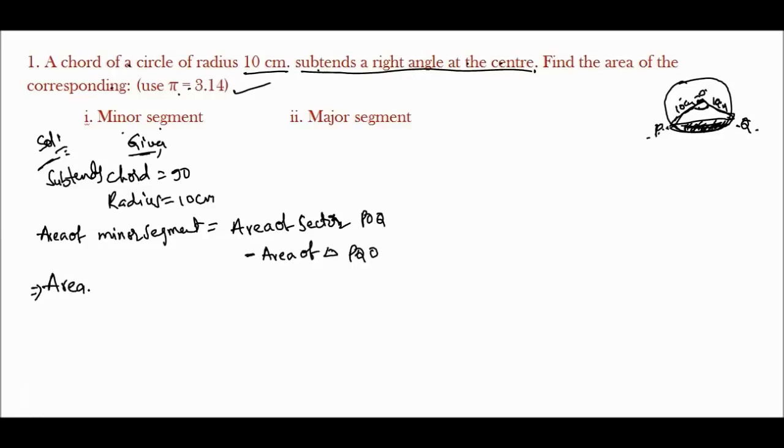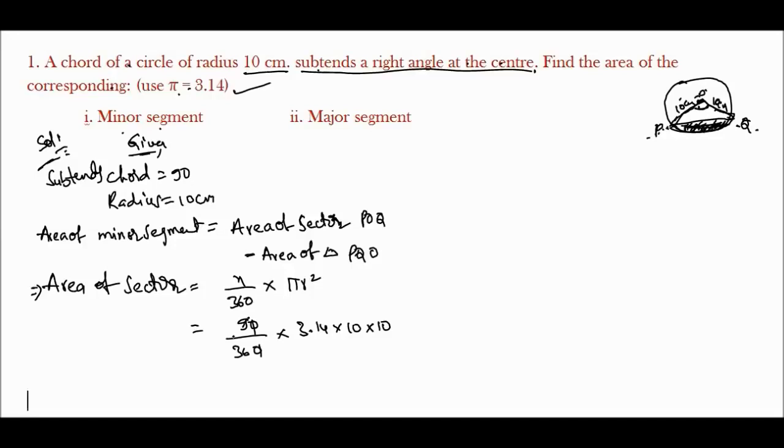Area of sector is equal to x by 360 into pi r square. This is the area of sector formula. Please remember, this one is important. Here x is 90 degrees, because this angle is 90 degrees. 90 divided by 360 into pi, which is 3.14, into 10 into 10.